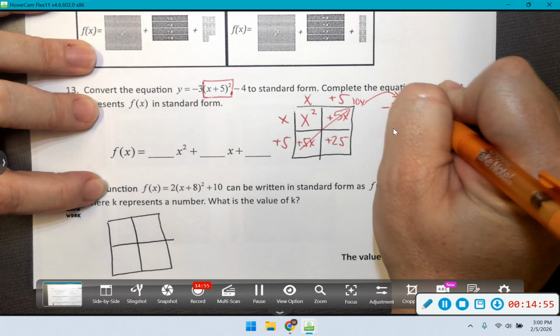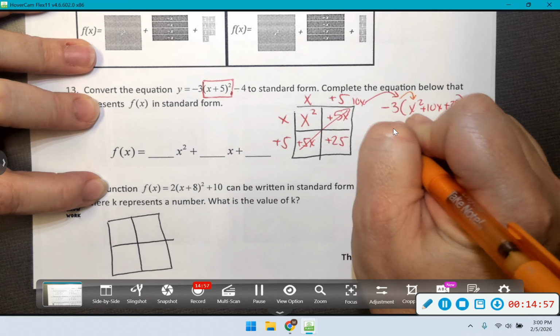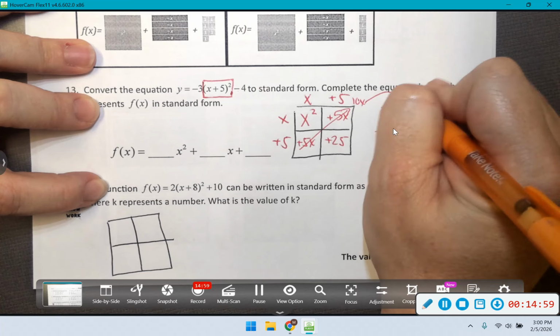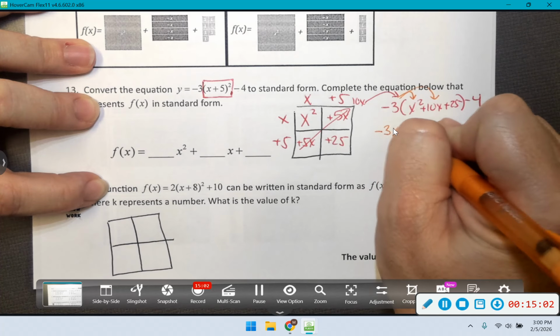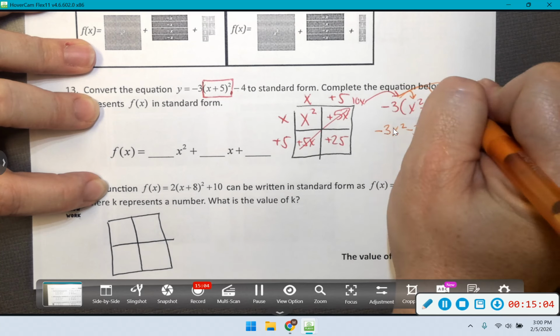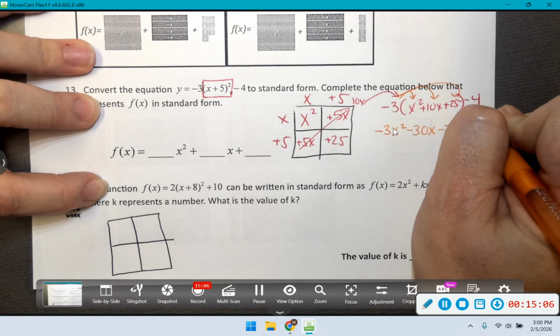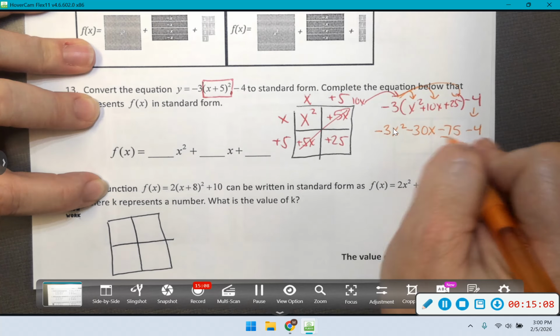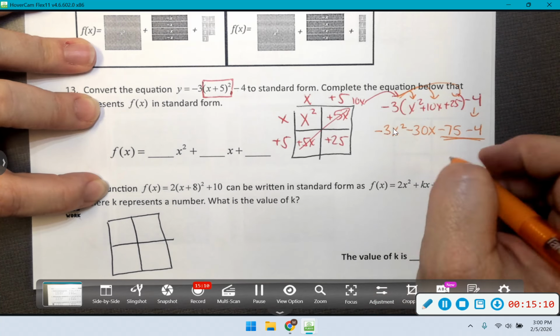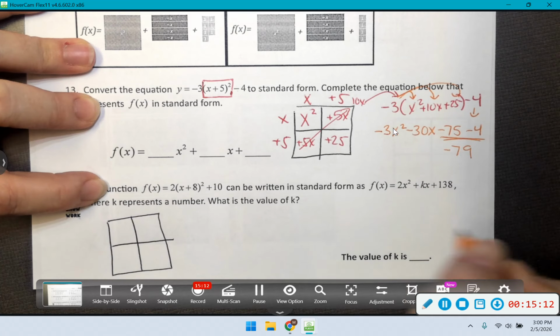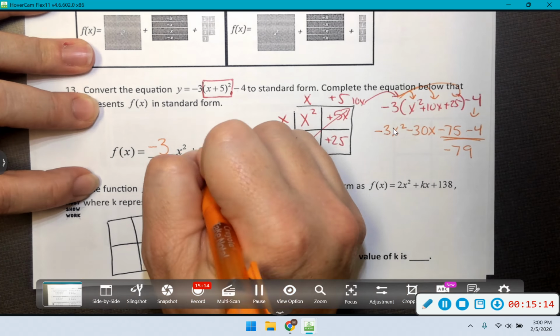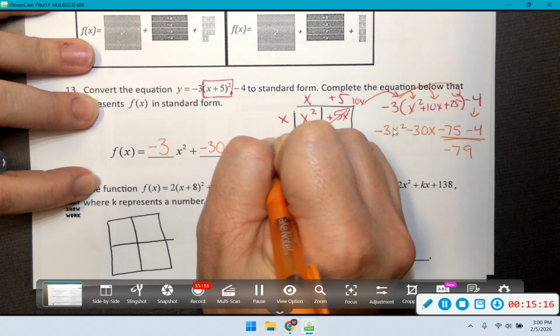And then I have to distribute. So 3 times x squared, negative 3, sorry, is negative 3x squared. Negative 3 times 10x is negative 30x. Negative 3 times 25 is negative 75. Bring down my minus 4. And my last step is to combine. So negative 75 minus 4 is negative 79. So negative 3, negative 30, negative 79.